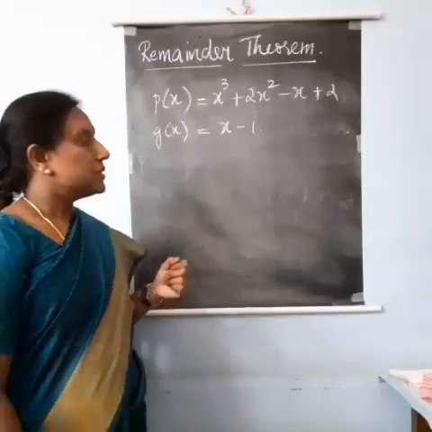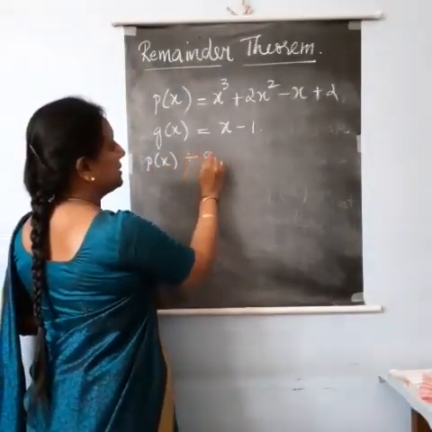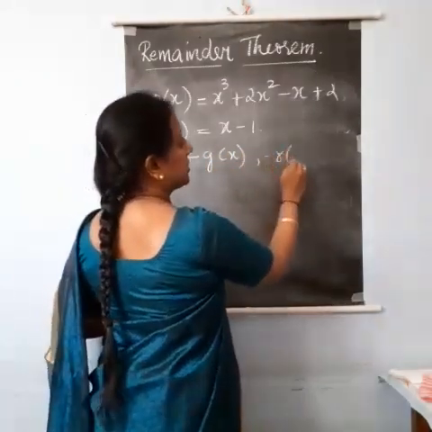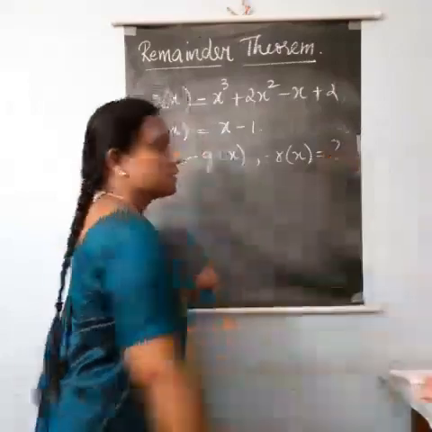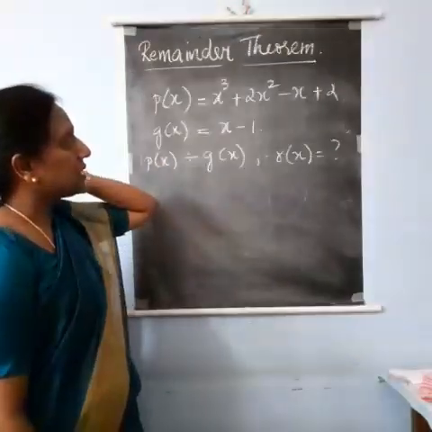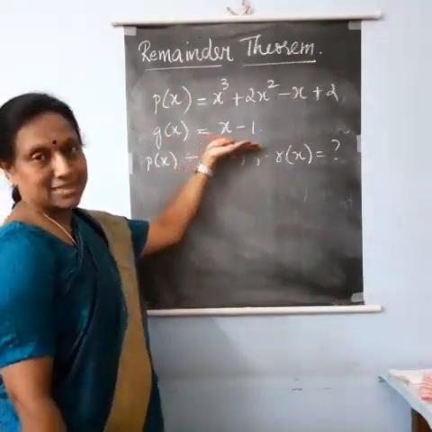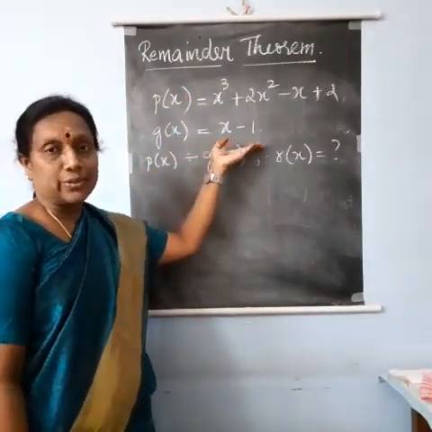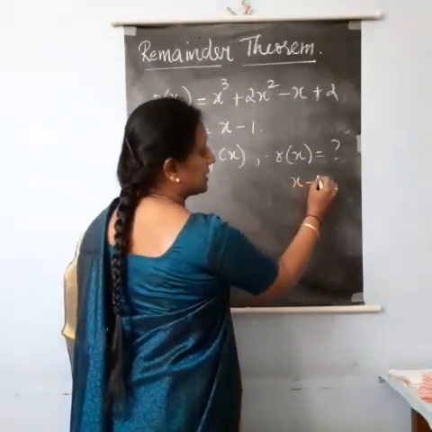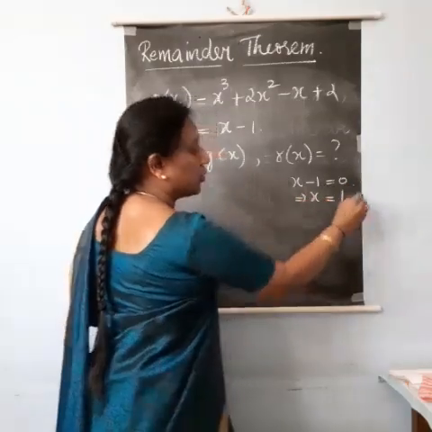So, when p of x is divided by g of x, we have to find the remainder. What I am going to do is take this g of x and equate to 0. When I equate to 0, what will I get my value of x as? x minus 1 is equal to 0. That implies x is equal to 1.